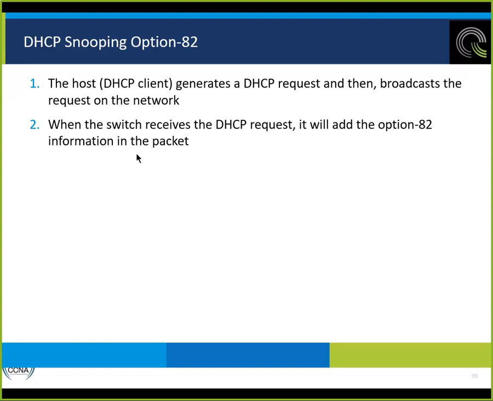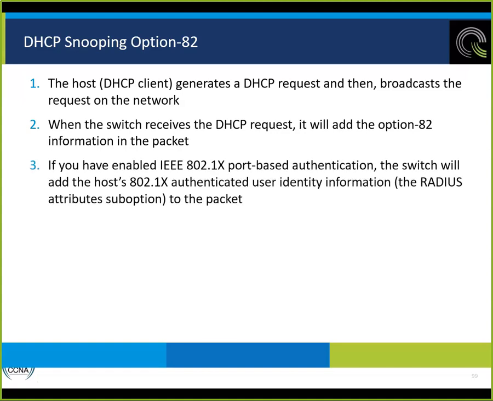It'll add the option 82 information, which is basically the MAC address and the port that the device is on, and then it's going to send that information. If we have 802.1x port-based authentication, it's going to put that information in too. What we're doing here is using a relay agent, and the switch, the relay agent, is going to put this information in.